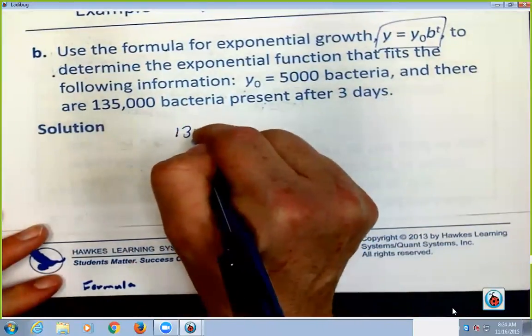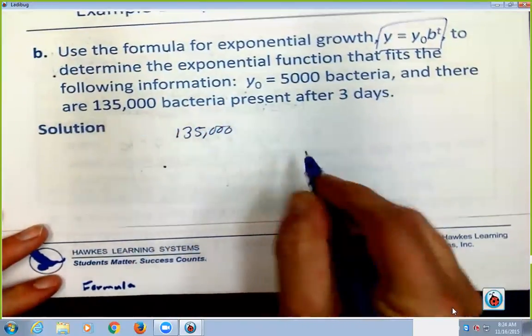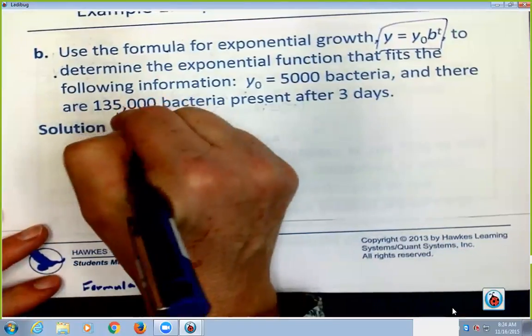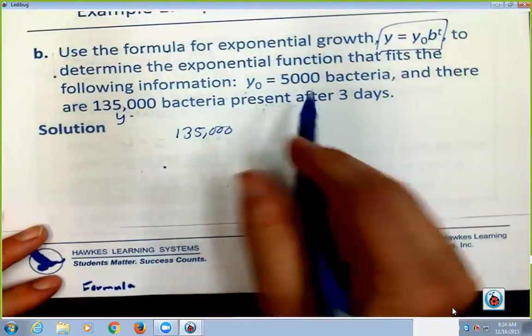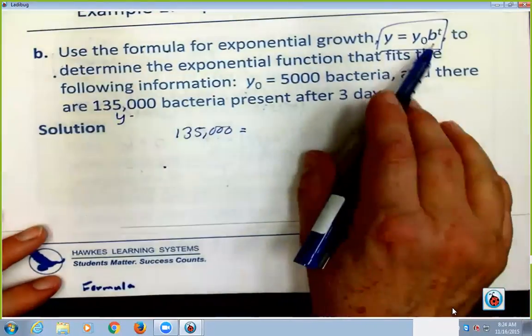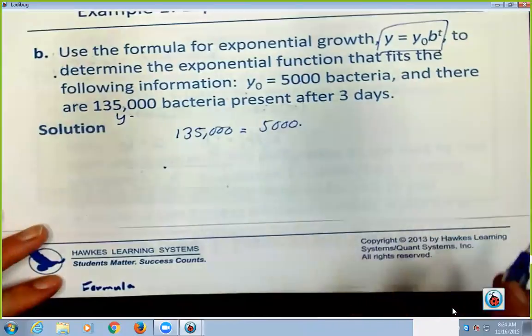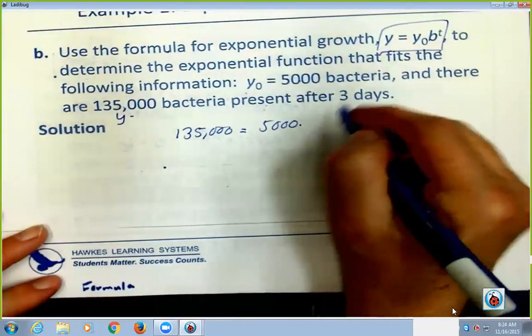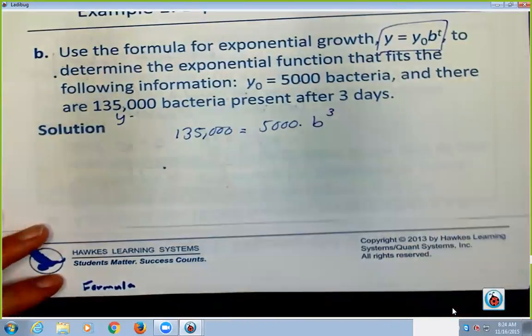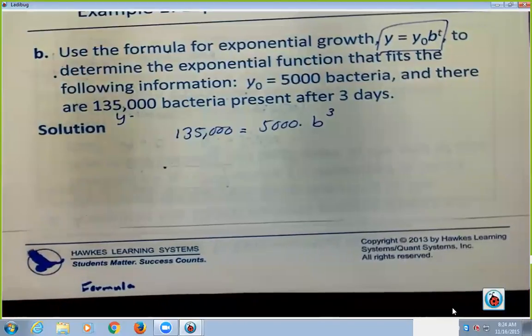So 135,000, that's y. Then what we have is 5,000 times b to the third power. And we are trying to find out what b happens to be in this case.